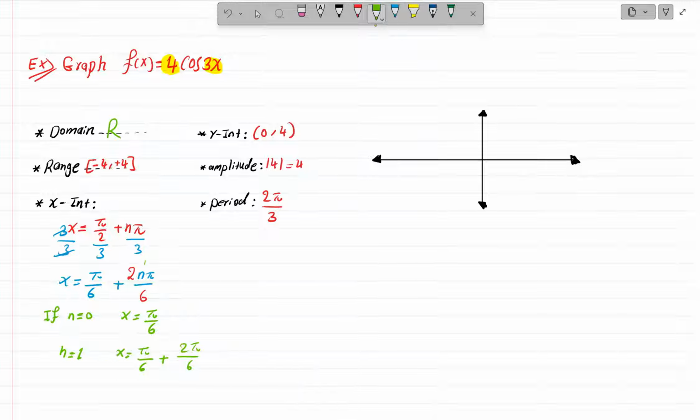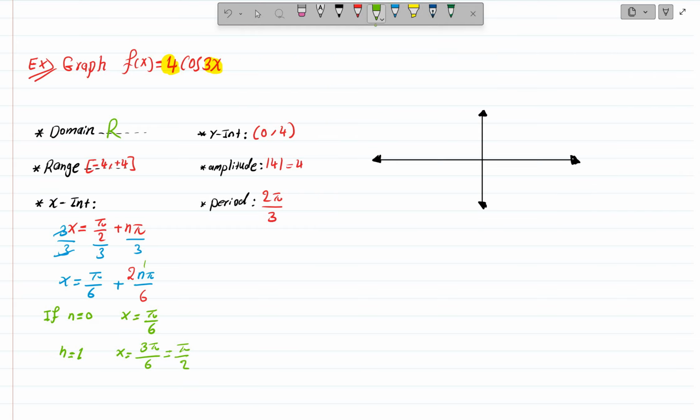Because n is 1 here. So pi plus 2 pi equals 3 pi over 6, right? So the final answer, we can say 3 pi over 6, which is equal to pi over 2, because 3 with 6 can be cancelled out. So this one is going to be pi over 2, right?